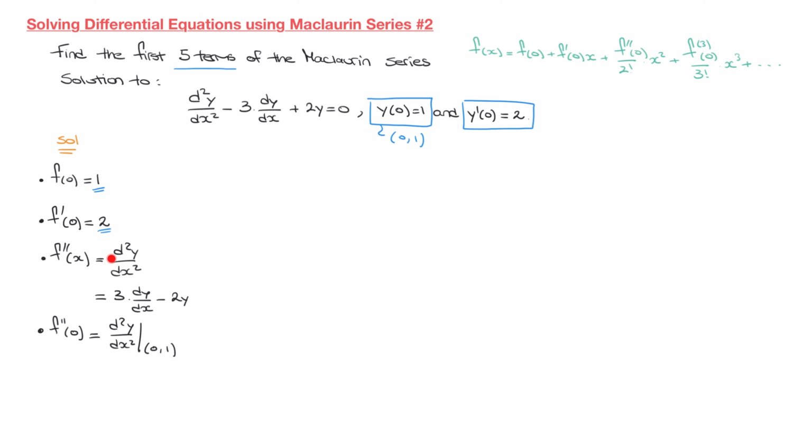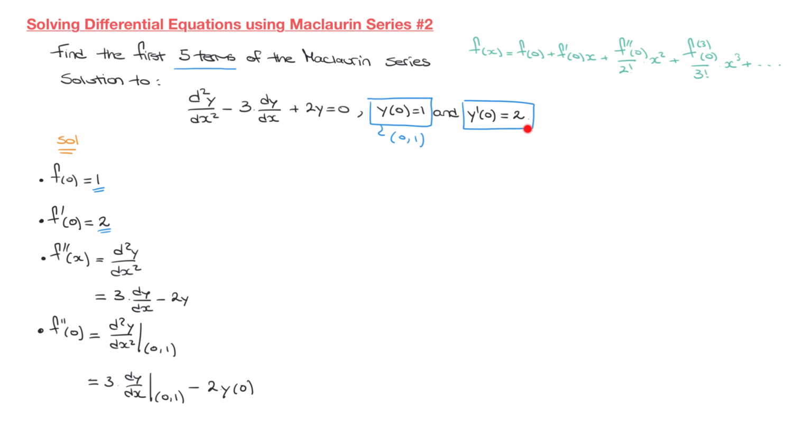And since we've just seen that the second derivative is equal to 3 dy dx minus 2y, evaluating the second derivative at this point is the same thing as evaluating 3 times dy dx, evaluated at the point (0, 1), minus 2 times y evaluated at 0. And we know the value of dy dx evaluated at the point with coordinates (0, 1). Indeed, that's given to us by the initial condition here.